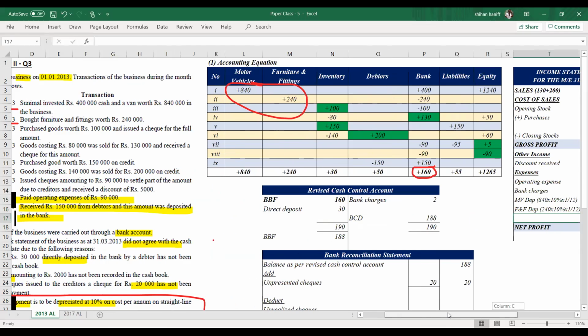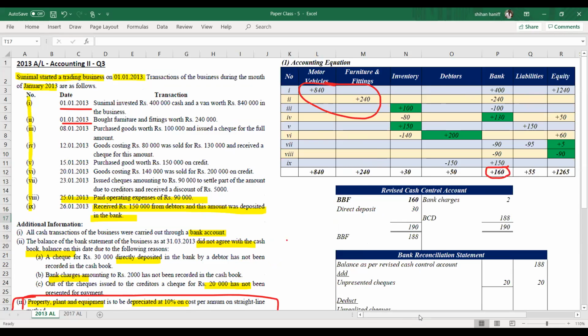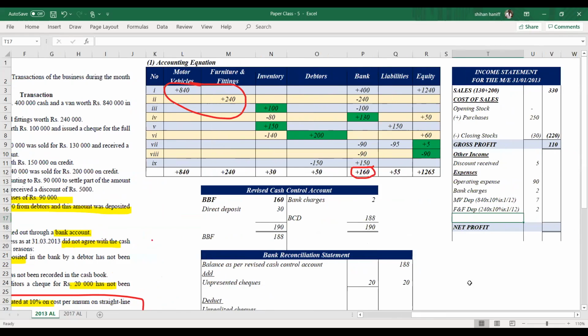And also there is a 10% provision for doubtful debt. Now let's see how much is the debtors.